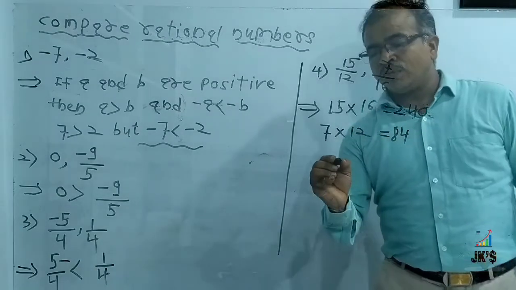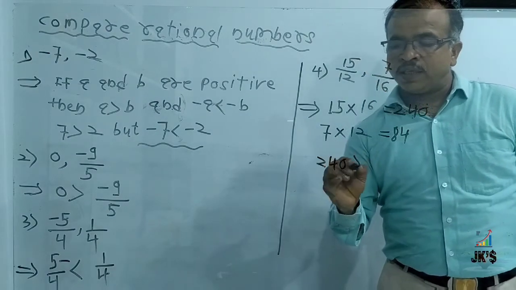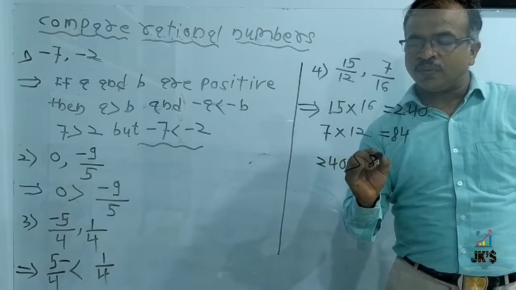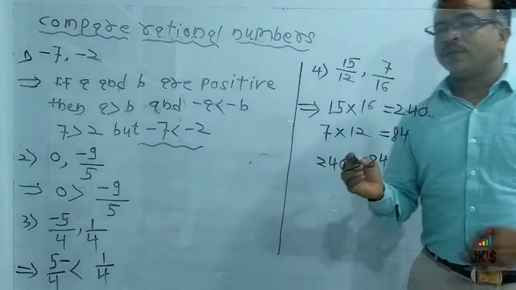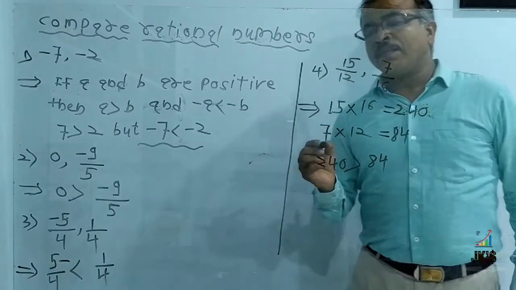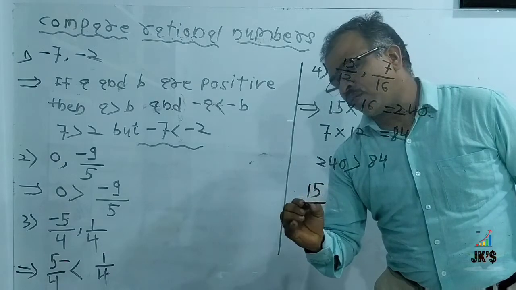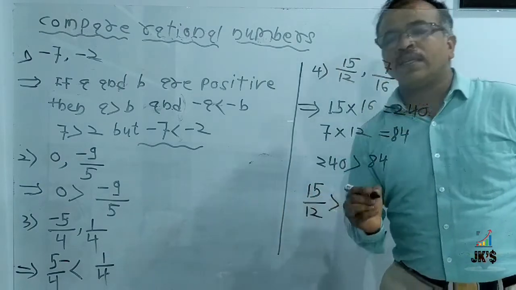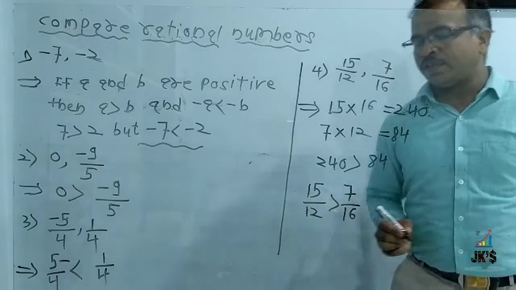So 240 is greater than 84. Hence the first fraction, 15 upon 12, is greater than 7 upon 16.